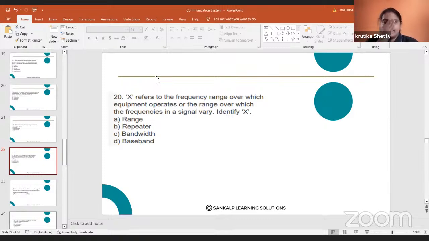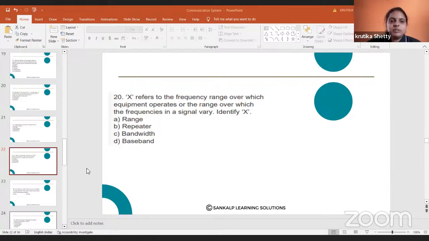Yes. So Damini is saying option C. Abhishek is saying option C. Kumar, Tarun, option D. Nandish, Vidya. Yes. So it is option C. Bandwidth is correct. Option C. Bandwidth is correct.